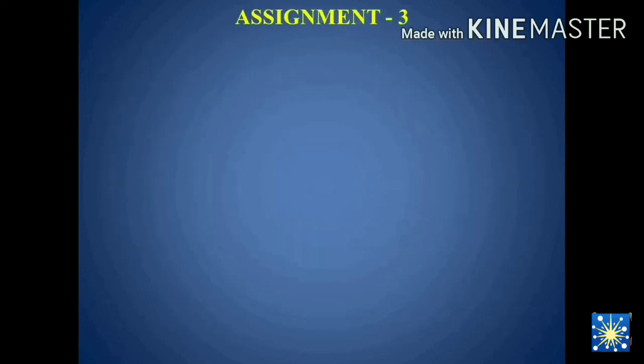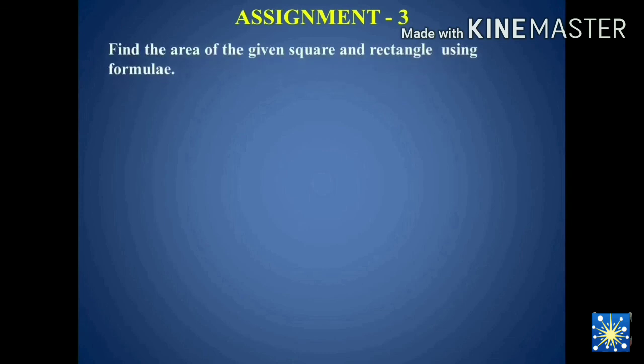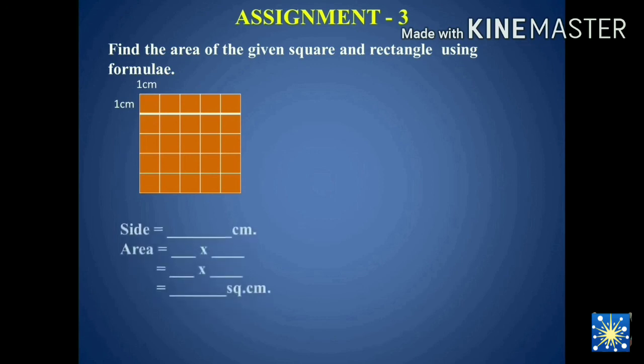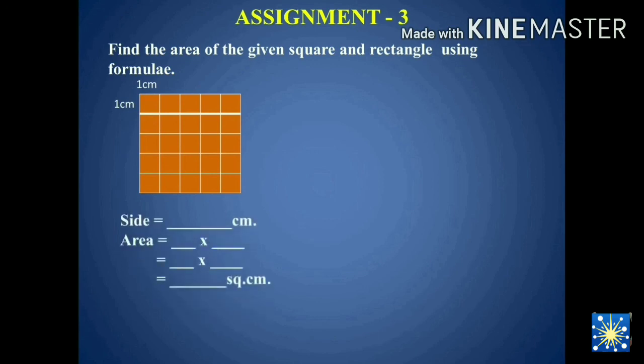Then the assignment third is find the area of the given square and rectangle using formulae. Here, a square which has many squares having 1 square centimeter area. You have to calculate side, then area.